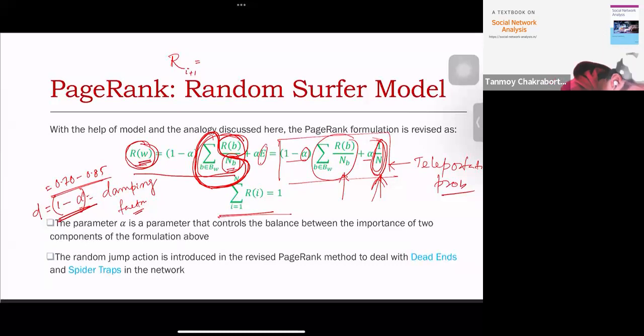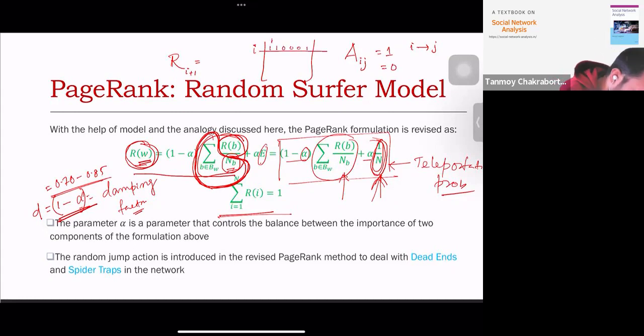Let's assume that you have an adjacency matrix A where Aij is 1 if there is a directed link from I to J, otherwise 0. In this matrix, this row corresponds to I, and you have some 1s and some 0s.